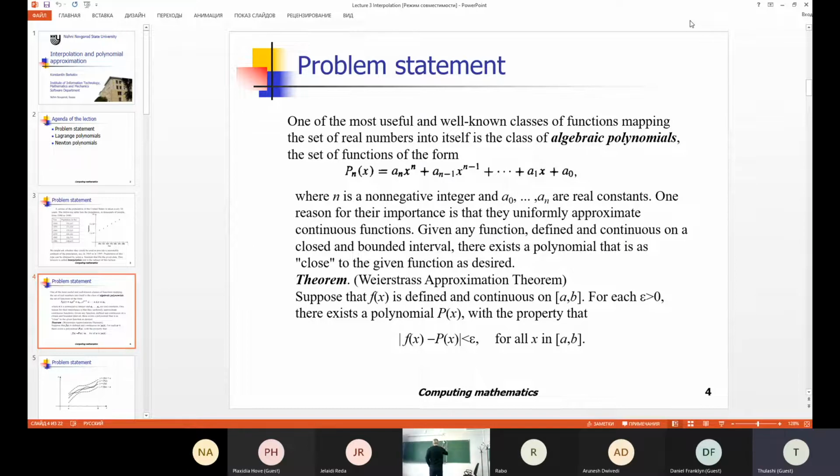Let's take a simple example, a particular case of degree 1: P1 of x equals 2x plus 4. Is it a polynomial? Yes. What is the degree? 1. This notation corresponds to the general form with A1 equals 2, A0 equals 4.